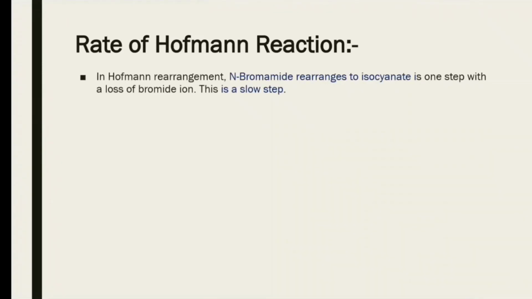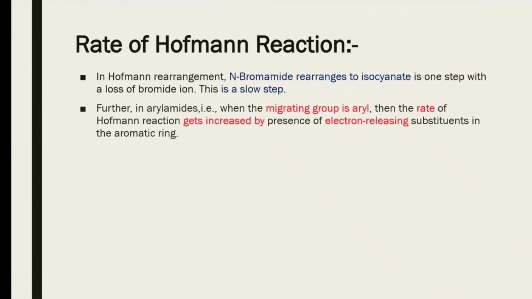So now let us see how the rate of the reaction is affected. In Hofmann rearrangement, the rate determining step is when the N-bromoamide rearranges to isocyanate with the loss of bromine ion. So in case of arylamides, when the migrating group is aryl, if any electron releasing substituent is present on the aromatic ring, then the rate of this reaction gets increased.